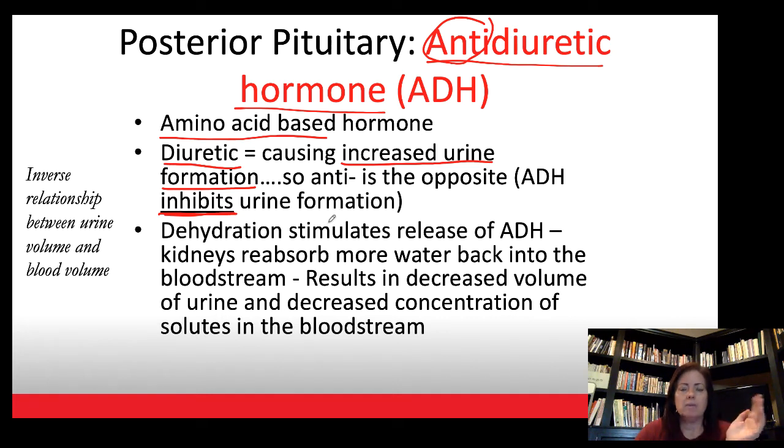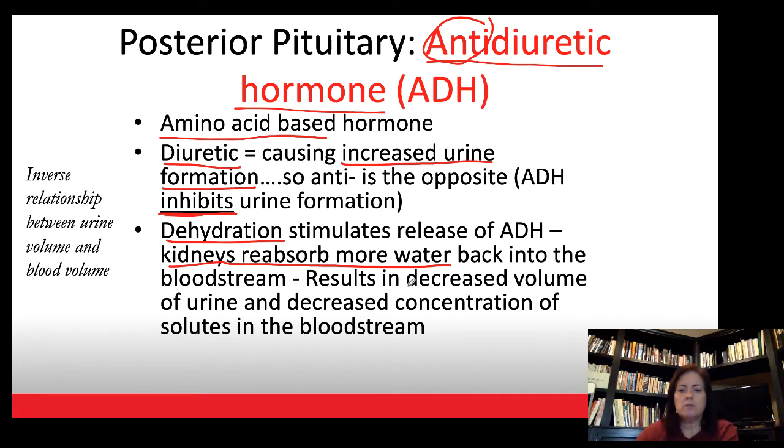How does this happen? If you are dehydrated, this is the primary reason why we see release of ADH. If you are significantly dehydrated, like you've been out in the desert for 3 days, your body is going to release antidiuretic hormone. That's going to tell your kidneys to reabsorb more water back into the bloodstream to conserve water.